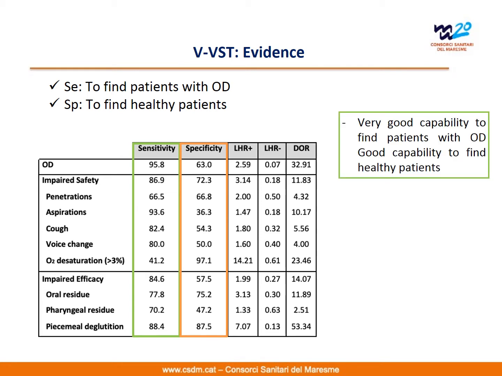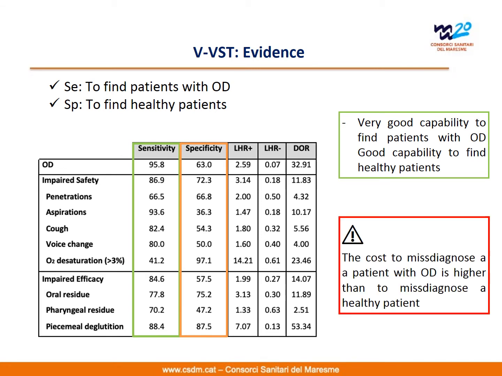And that led us to say that VVST is a good test, has a good capability to find patients with OD, and it's also good distinguishing the healthy patients. It is important that you have in mind that the cost to misdiagnose a patient with OD is higher than misdiagnosing a patient that is healthy.